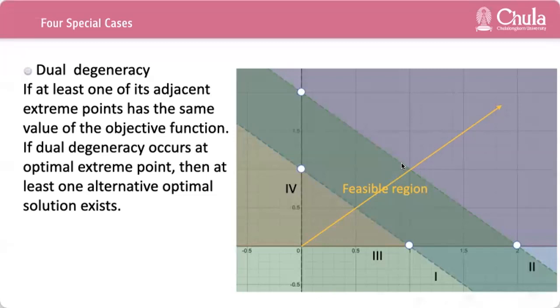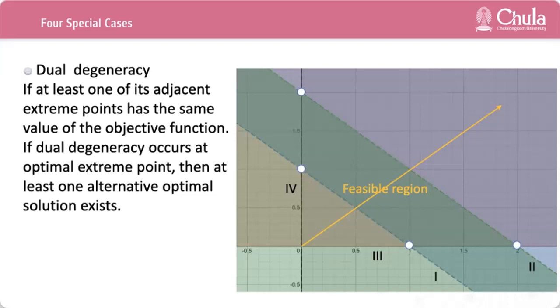Once this line equals our isoprofit, then you see that we can move to this point, right? But all the points on this line have equal objective function, because it is isoprofit, from the concept of isoprofit.